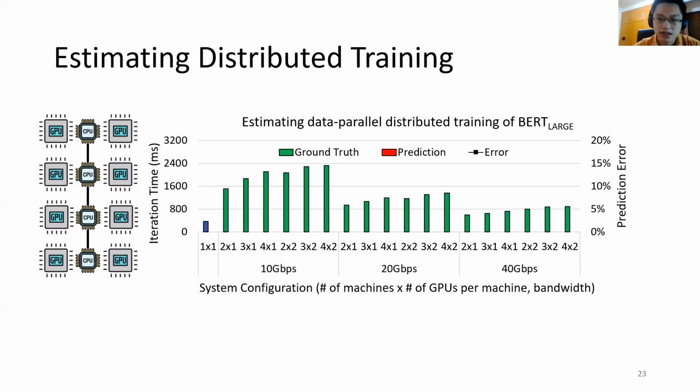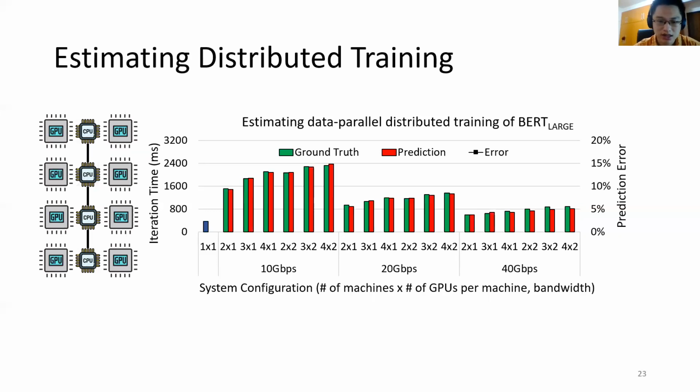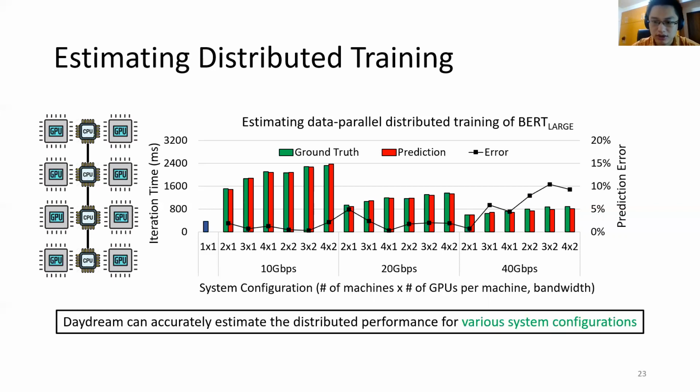The green bars here show the measured ground truth runtime of the BERT-large model, and the red bars show the runtime prediction. And the estimation error, as we can see from the y-axis on the right-hand side, is generally less than 10%, showing that Daydream can accurately estimate the distributed performance for various system configurations.